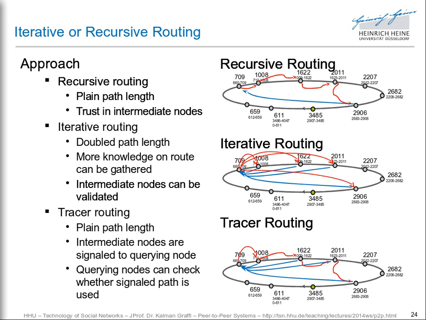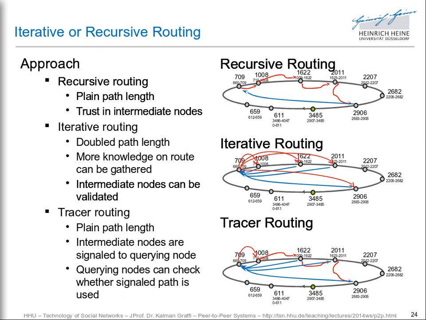This is increasing the robustness, as, for example, this node 1622 may say the next hop is 659, and this node can validate this and say, okay, this is not true, this is false, so this might be a malicious node, for example, and can look up another node to continue this process.